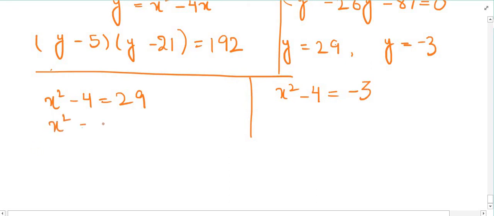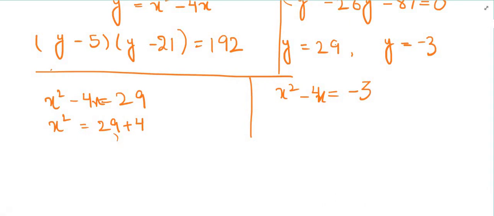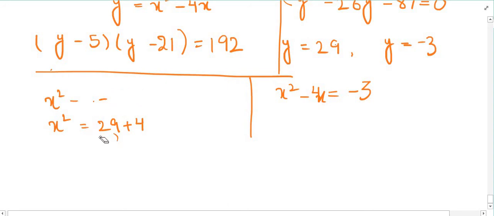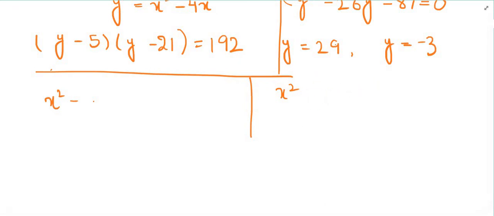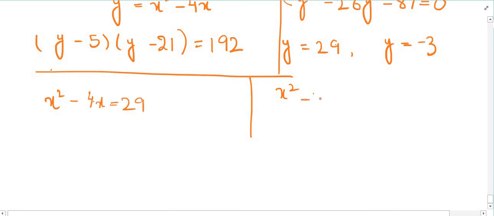Now these are again two quadratic equations. x² - 4x = 29, x² - 4x = -3.